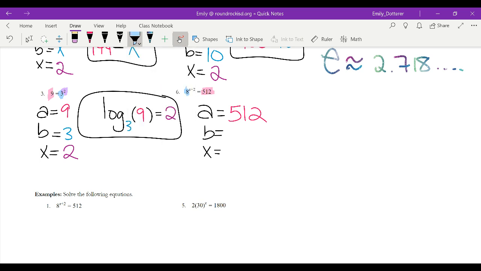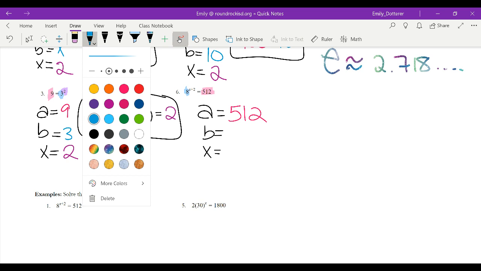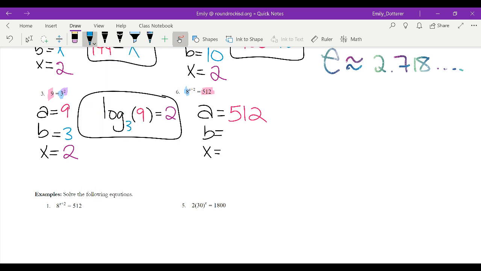B is the thing that is being raised to the power of whatever, in this case x plus 2, and x is the exponent.